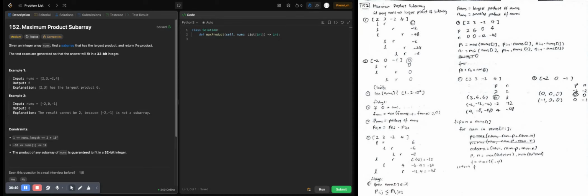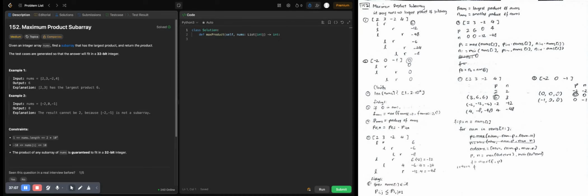So first of all, I'm going to initialize P and N. So P and N are initialized to the first element. Then now it is time for us to go through the rest of the nums.